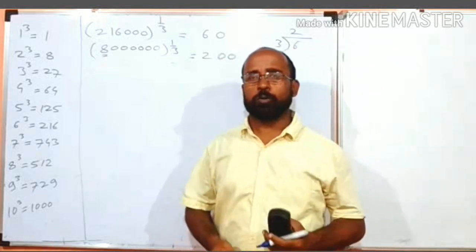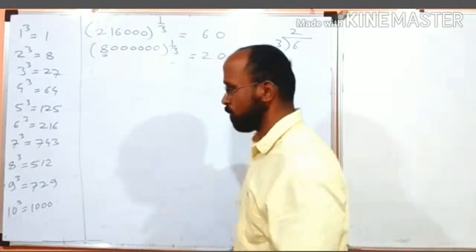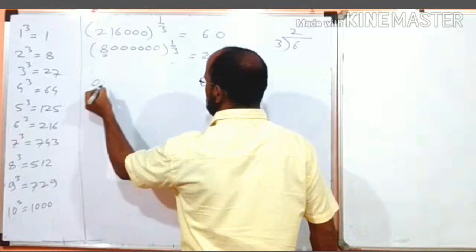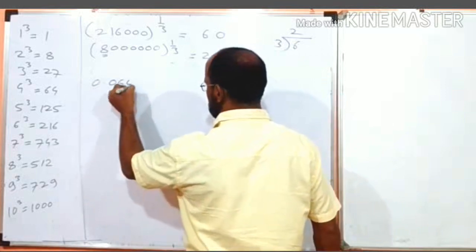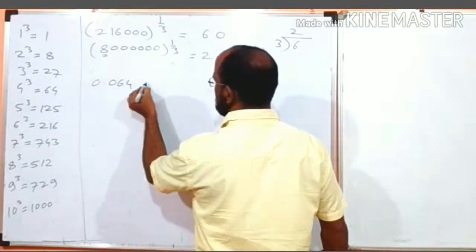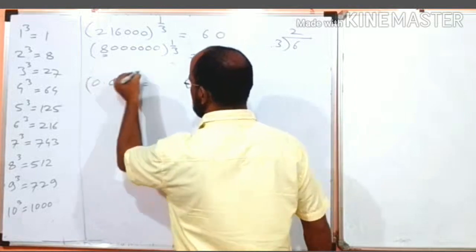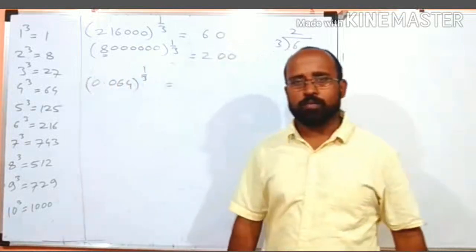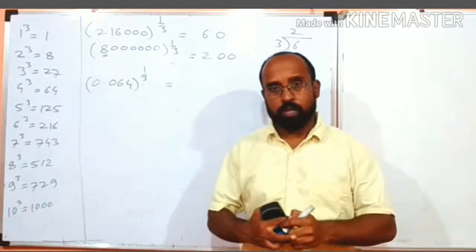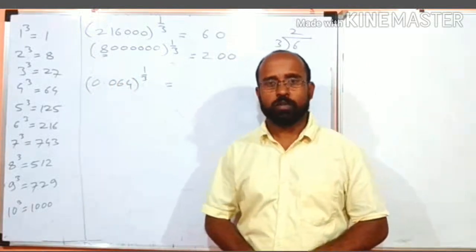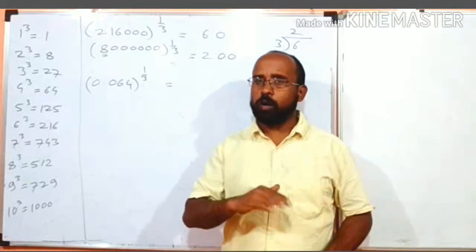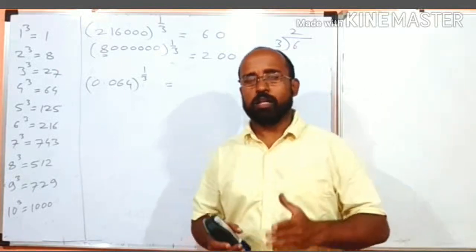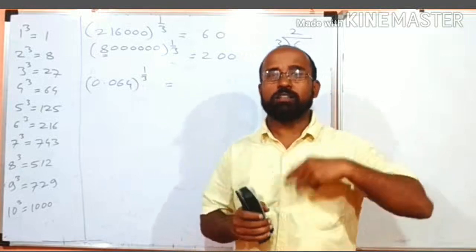Now let us see how to find the cube root of a decimal digit. Once again, suppose the question is: find the cube root of 0.064. Once again we are going to use the same rule which we have learned in our previous videos, how to find the cube of a decimal digit. While finding the cube of a decimal number, its decimal digits get tripled.